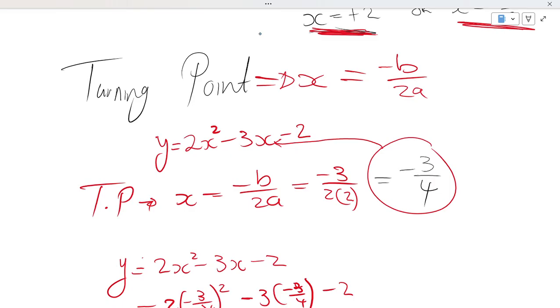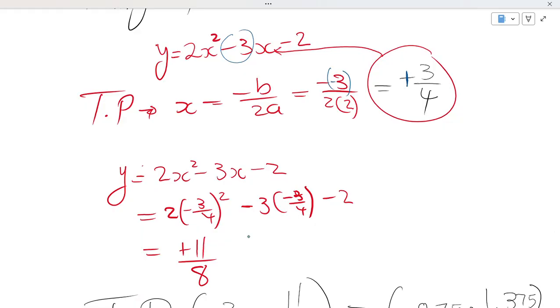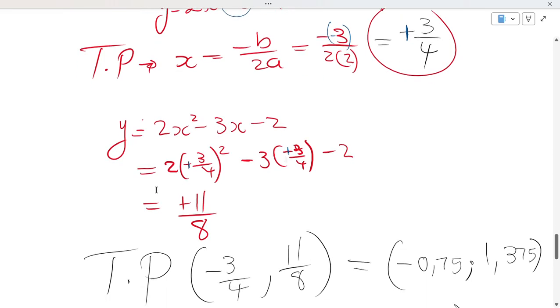Do you see where this b is minus as well? It's negative, so it's supposed to be minus negative, like this. It's going to be positive. And that will affect our results for y. So y is going to be completely different for the turning point.